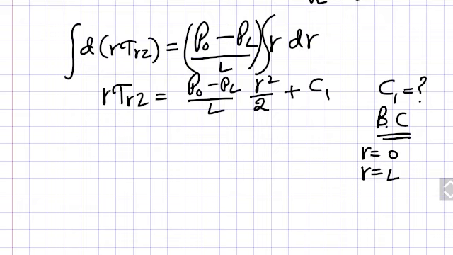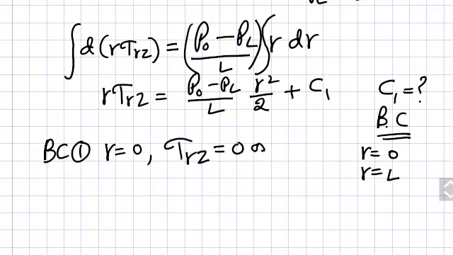So we will see what that is. I am putting here boundary condition 1, that is r is equal to 0, tau rz here can be 0, or it can have some value, or it will be finite.